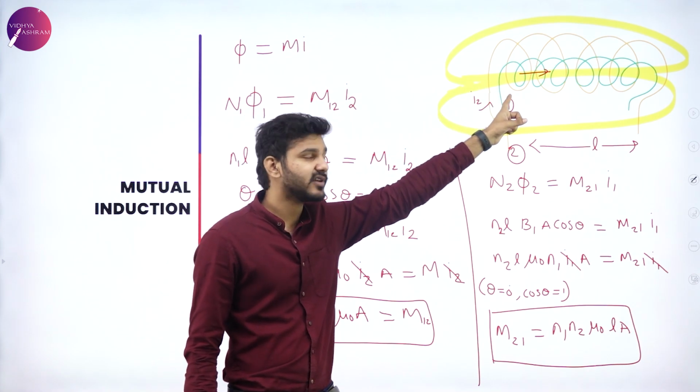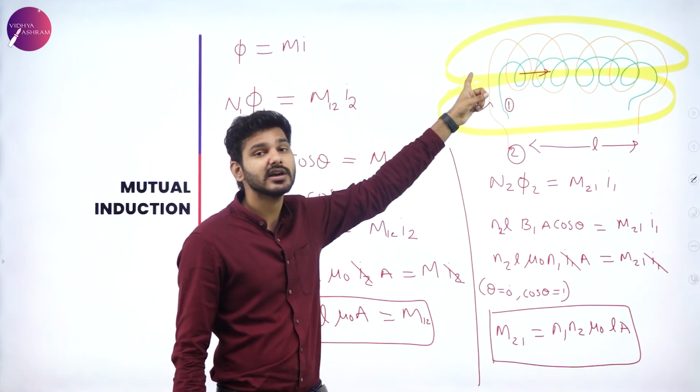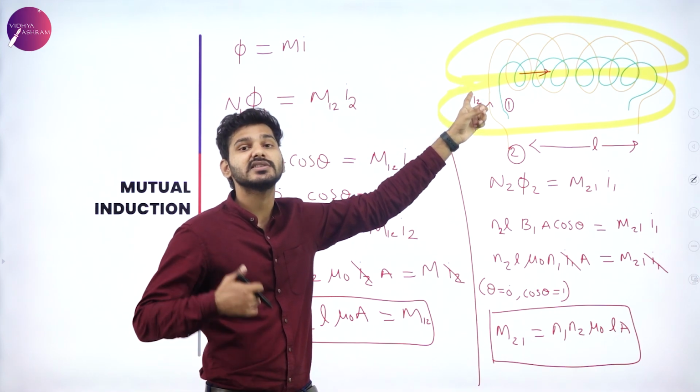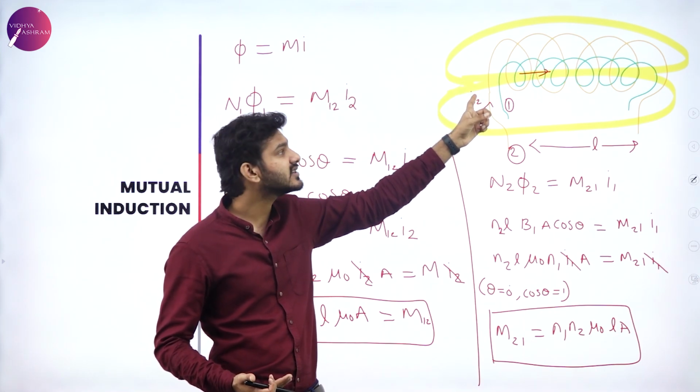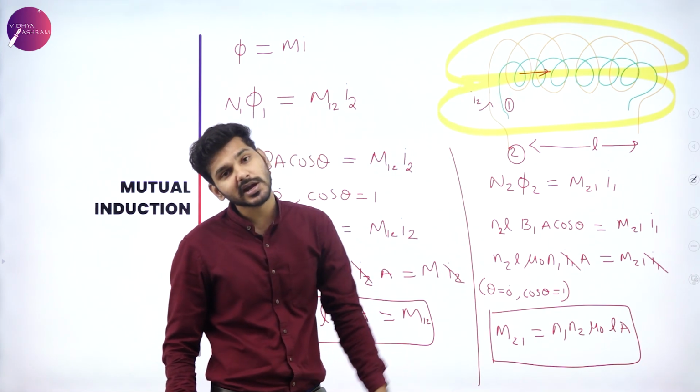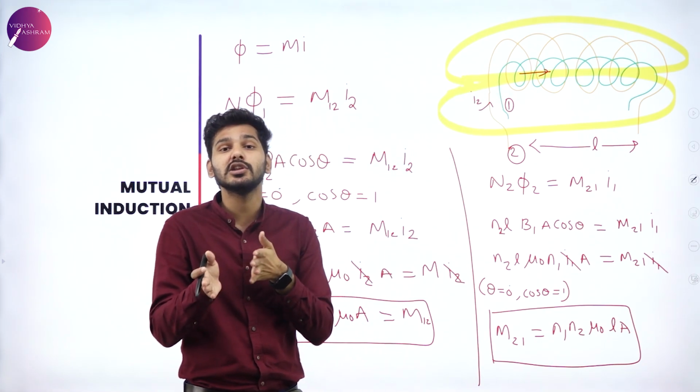That is, if I change flux in one coil, the secondary coil is producing the EMF. If I change the current associated with the second coil, then the flux change or EMF being produced is also in the primary coil. So mutually they are inducing each other.